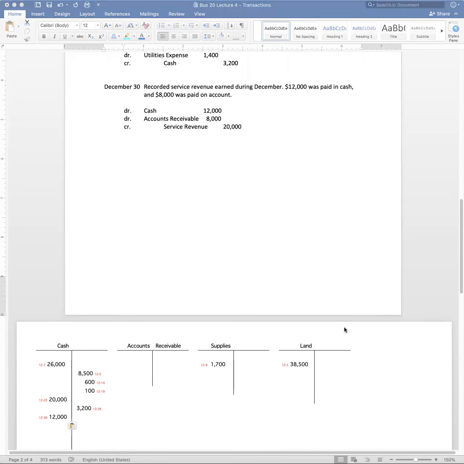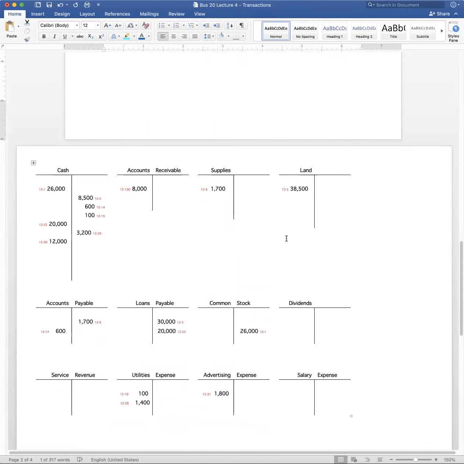So we'll put that in the accounts receivable T account. Oops, somehow that went on the wrong side. There we go. And we have a credit of $20,000 to service revenue.